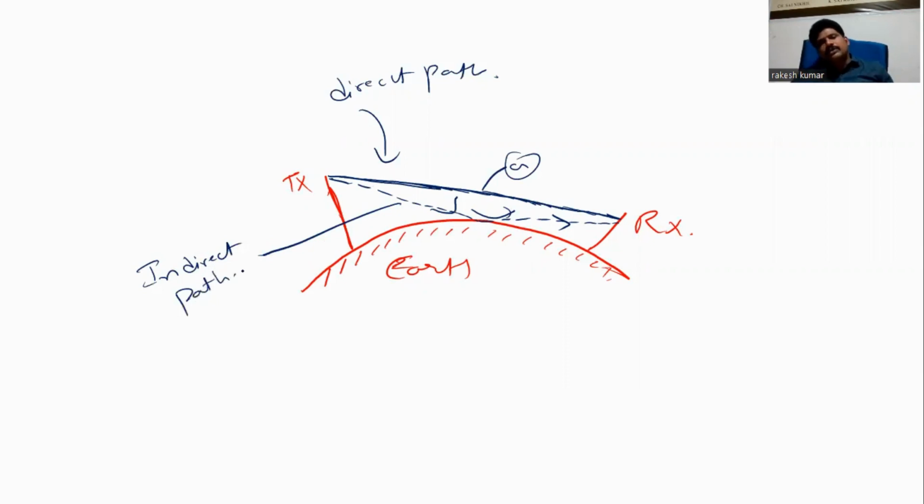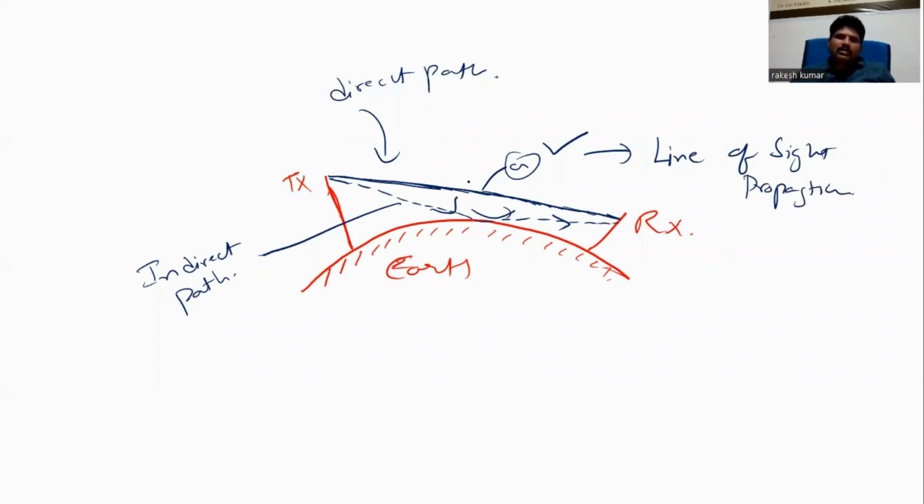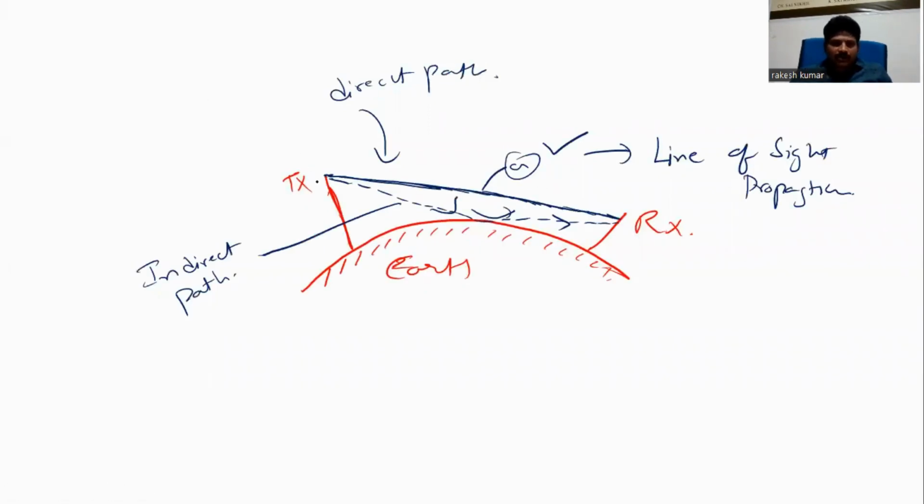Okay. So if you observe here, this A, you will call it line of sight propagation. The distance between this transmitting antenna and receiving antenna, we call it line of sight distance. What is meant by line of sight propagation is that from this transmitter, you should at least see the tip of the receiver.